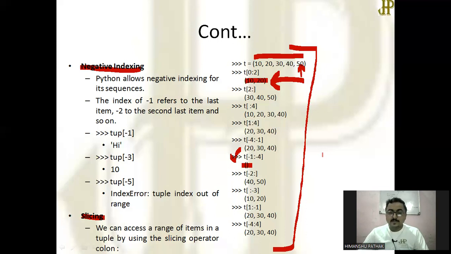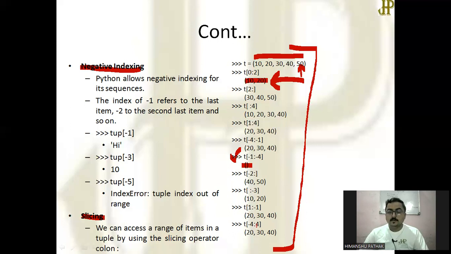Other than this, all the possibilities that I discussed in list can be done in tuple also. Okay, like this, minus 2 colon blank, blank colon minus 3, positive, negative, negative, positive, all can be done with tuple also.